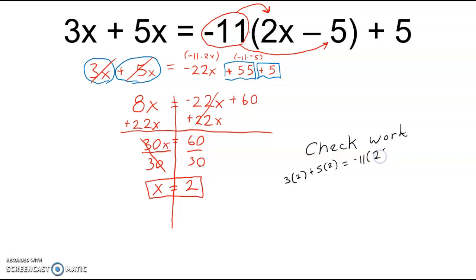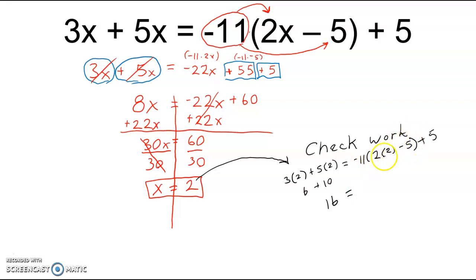Now you don't have to worry about watching any more of this if you get confused. All I did was substitute this 2 in into my problem to check it and verify that I will have the same number on both sides of the equal sign. So 3 times 2 is 6. 5 times 2 is 10. So that's 16, right? So that means on this side of the equal sign, I need to have the same number.